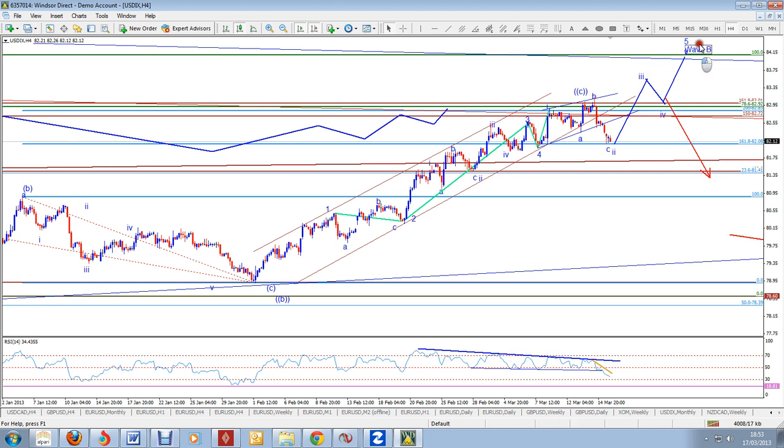So then that would complete a cycle over here. So what we had here is wave 1 up, ABC retracement wave 2, we expect wave 3 up, pull back for wave 4, and then final wave 5 before we actually get this decline coming at the end of that.